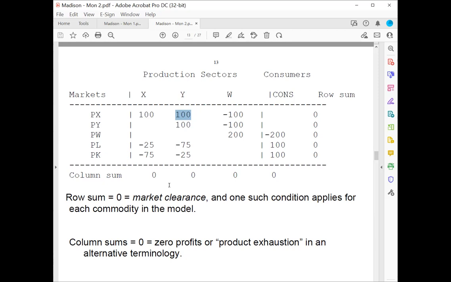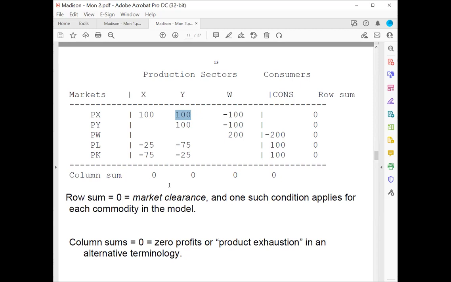And I can also see in this case where if I were to double all the prices in the model, I would just increase every single value in that table, multiply it times 2, and everything would still sum up to zero. That's correct. That's this Walras law or redundant equation model.